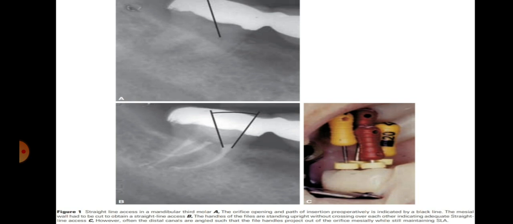You can see in this picture pre-operatively how the straight line axis should be, shown by a black line.